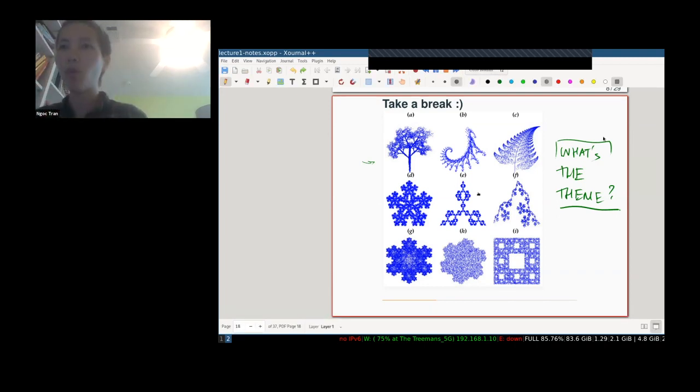Okay, welcome back. Okay, yeah, could anybody find a unifying theme in these nice pictures here? Or maybe more than one theme?